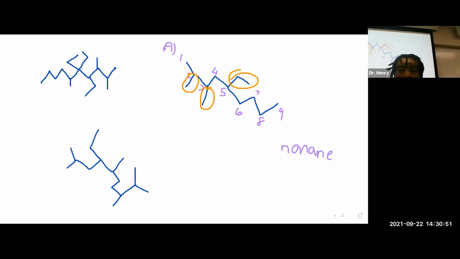I have 2 methyl groups. So how do I account for that? Okay, so I do the ethyl group first. Where is it located? 5.